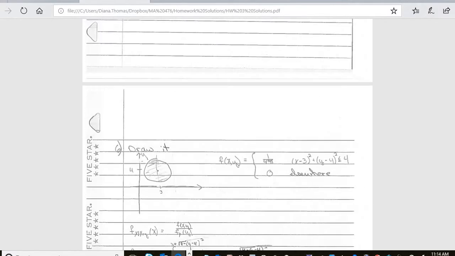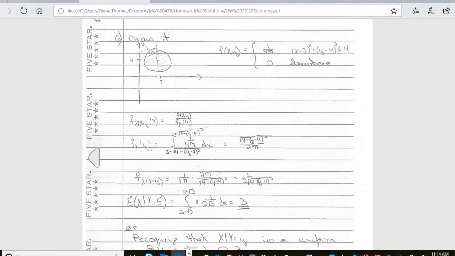Number 6, the biggest error I saw here was knowing what this was, because you weren't given this in the problem, but in the problem you were told that it was uniformly distributed over this circle.